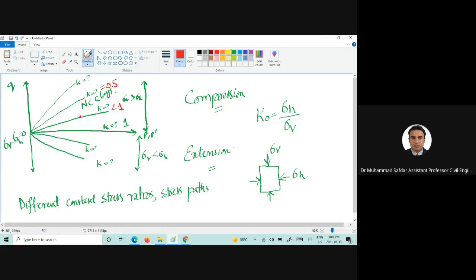So the stress path can start from an isotropic consolidation stage as well, and this is for the compression condition, and this is for the extension condition.